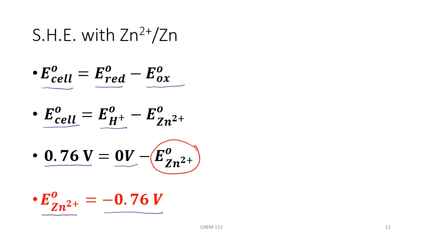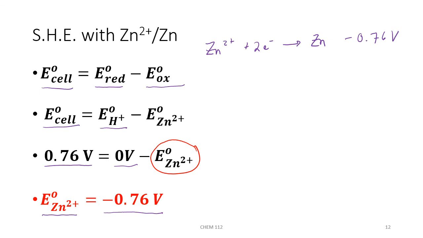So if we wanted to go ahead and write our reaction for our reduction of zinc, we would have zinc 2+ gaining 2 electrons to become solid zinc. And when that reduction occurs, we can include after that equation negative 0.76 volts.